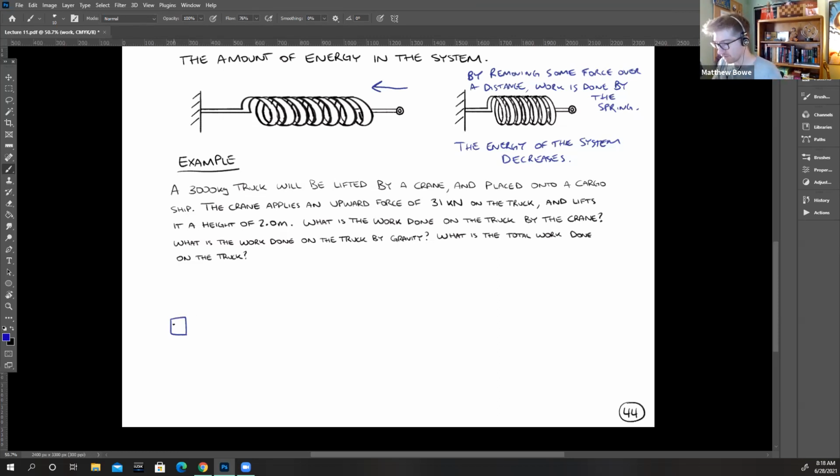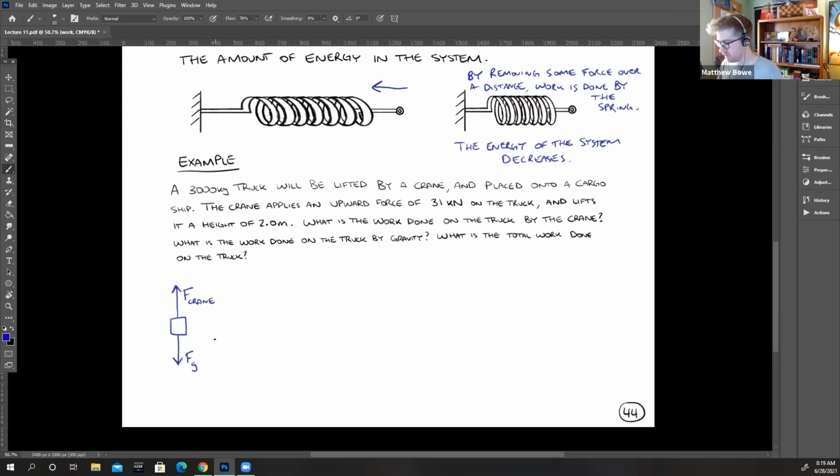And so here's our truck, and it's being lifted upward with a force upward. I'll just say force from the crane. There's also, in this free body diagram, a force downward due to gravity. So F sub G.